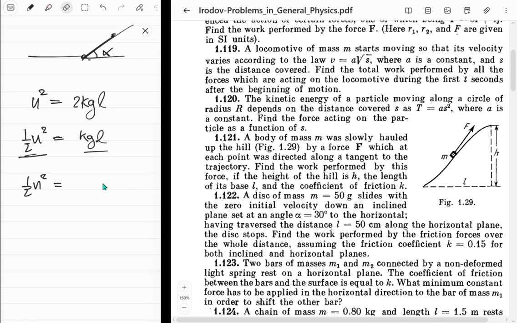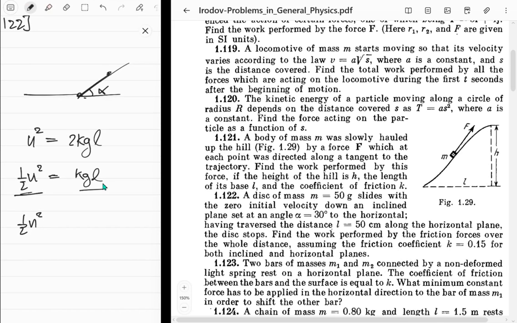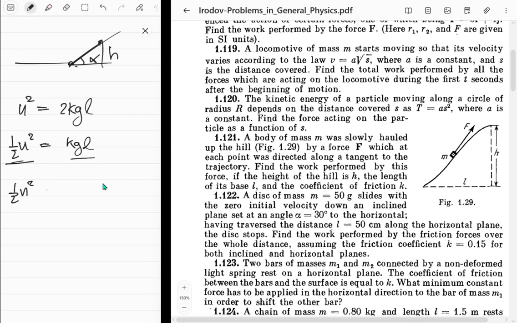So let's say it had gone with a length, I don't know, h. So half u squared is equal to, in fact, no, let's just call it L dash or L naught. L naught is better. And then this is H. So kg L naught, right? But in fact, okay, that's not correct actually. It's supposed to be negative kg L naught because this was opposing the motion and then it increased.